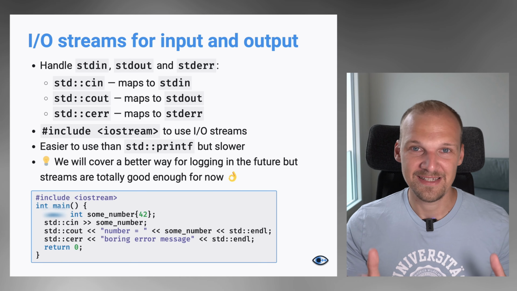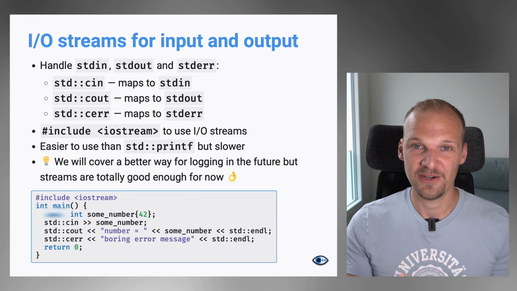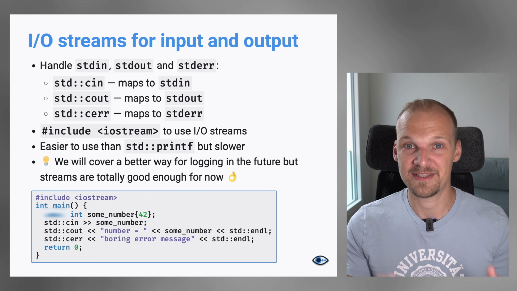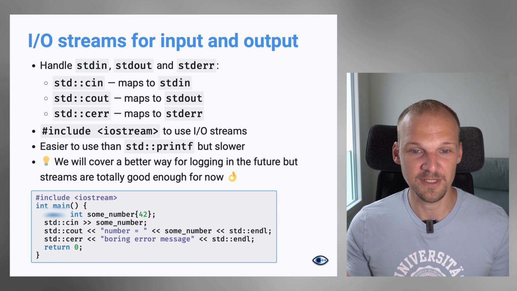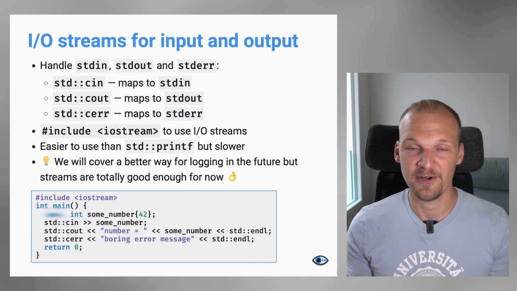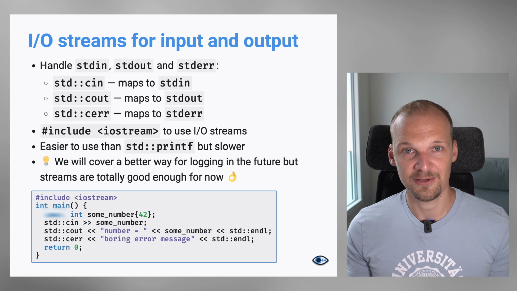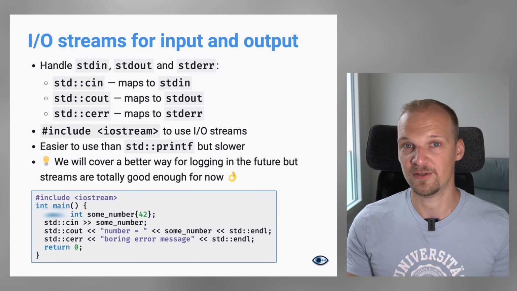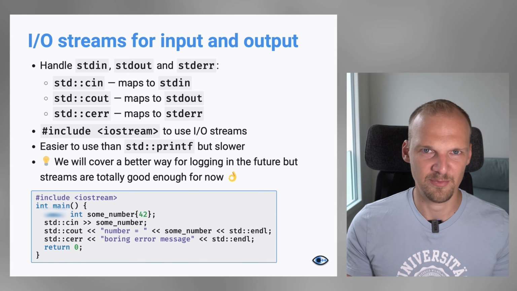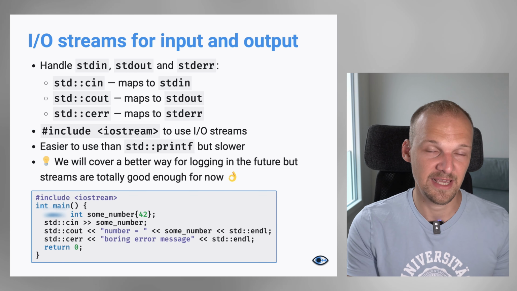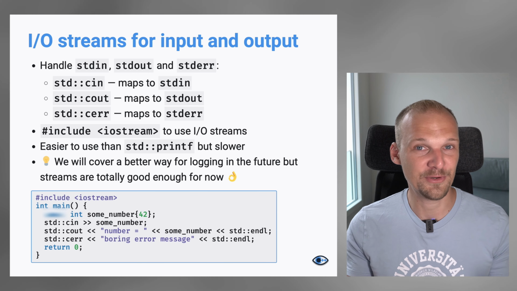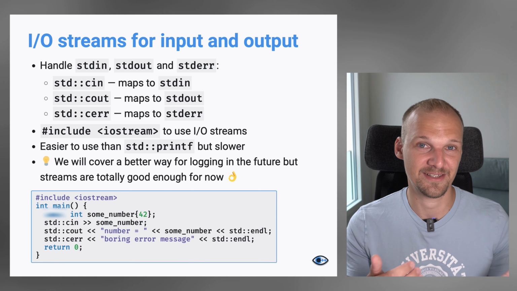Cool, so basically the cin, cout, and cerr just map to standard input, standard output, and standard error output. So if you want to use those things, we have to include the iostream header. And once we've included the iostream header, we can use the so-called operators. The operators can be very different. They can be like plus, minus, and whatever else. But in this case, we care about the operators that look like two comparison operators basically stacked together.